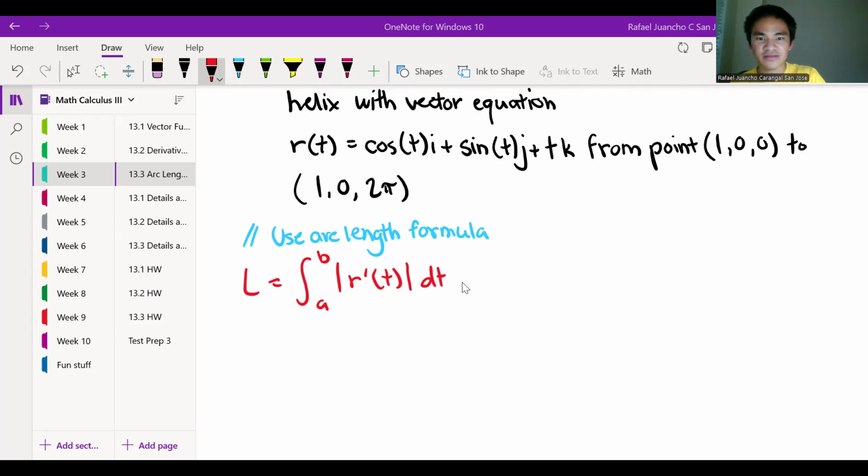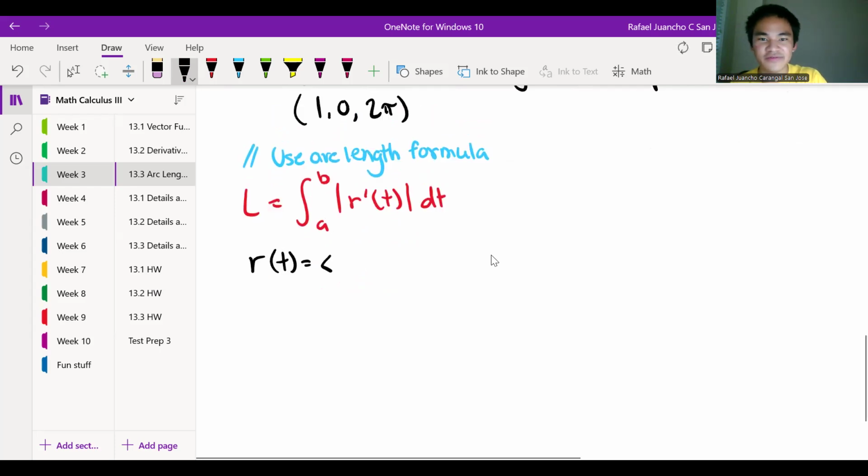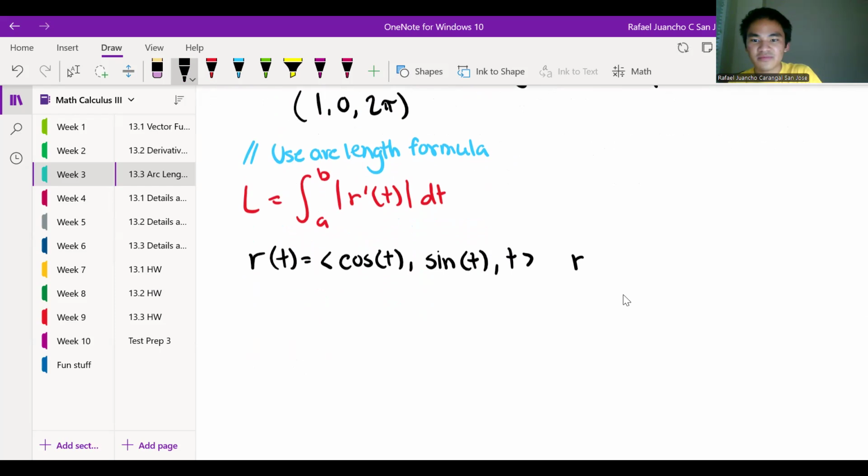So I guess first thing I want to do, my R of t, I want to make it into vector form. I don't like working with not vector forms. Done. Okay, now I convert it to R prime, so I take the derivative of each component. So this is negative sine. Okay, this one's easy. And then cosine. And then 1.